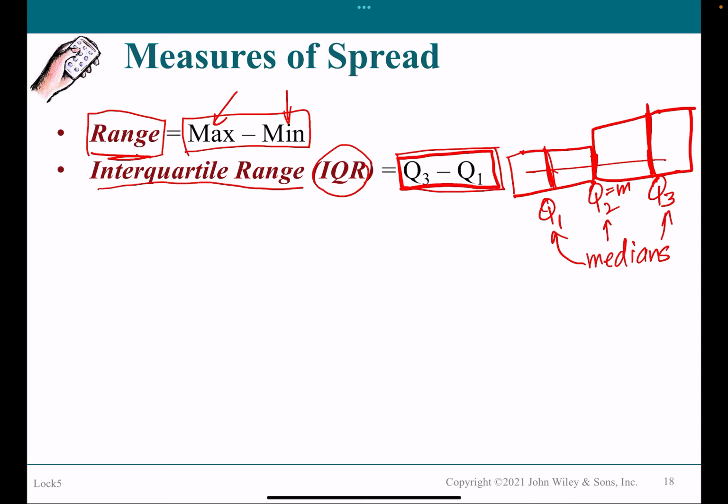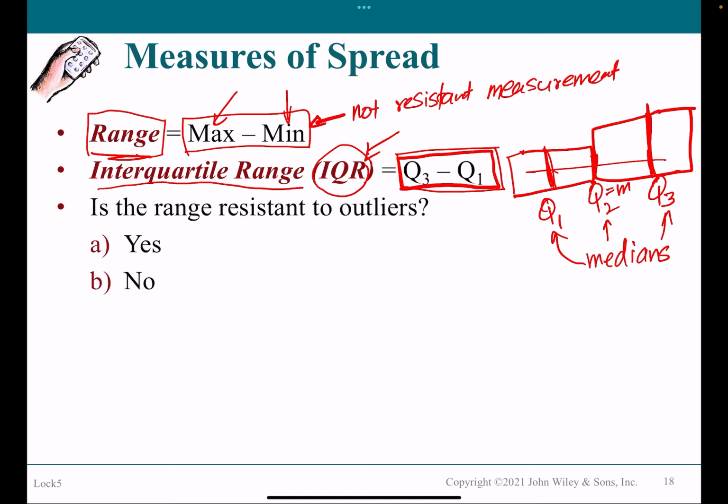Okay, this is not a resistant measurement, but this one is a resistant measurement, right?